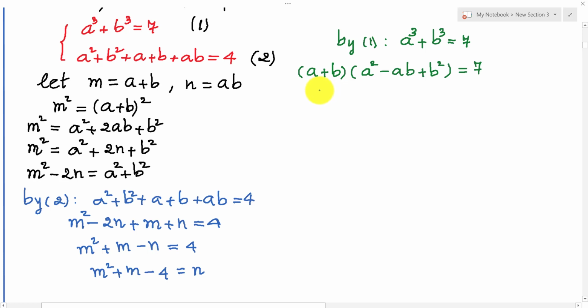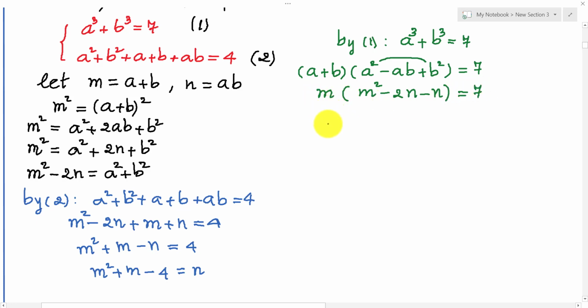I replace a + b by m, a^2 + b^2 by m^2 - 2n, and -ab by -n. So m(m^2 - 2n - n) = 7.